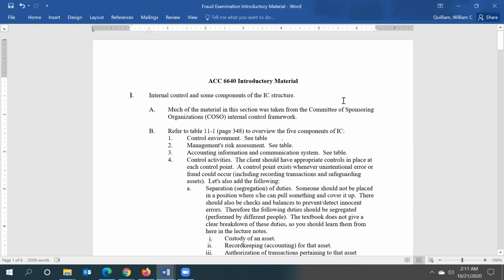So here in the notes, which you should have in front of you, I have the first section about internal control and some components of the internal control structure. A lot of this material was taken from an organization called the Committee of Sponsoring Organizations. The abbreviation is COSO, and they are a panel of blue ribbon experts who sit down and develop good standards for good internal control.